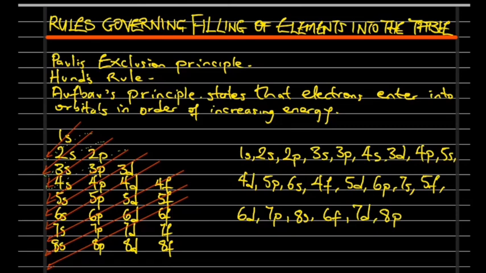And if we add another line down here, what we'll have after 8p is going to be 9s, et cetera.